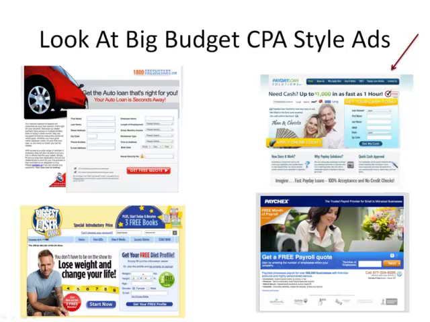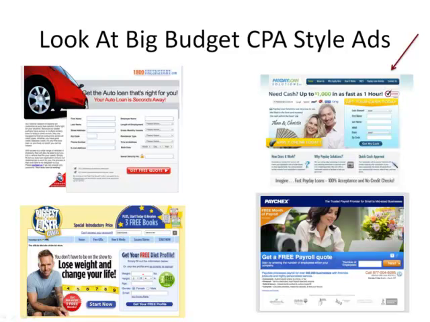So one of my favorite ways to take a look at the elements of landing pages for big guys is I love looking at CPA offers. If you're not familiar, it's cost per action offers from CPA networks, because those guys have spent a ton of money. They spend $5, $10, $20 per lead, not for a buy, where if you're an affiliate, you sell something, you get a fee.